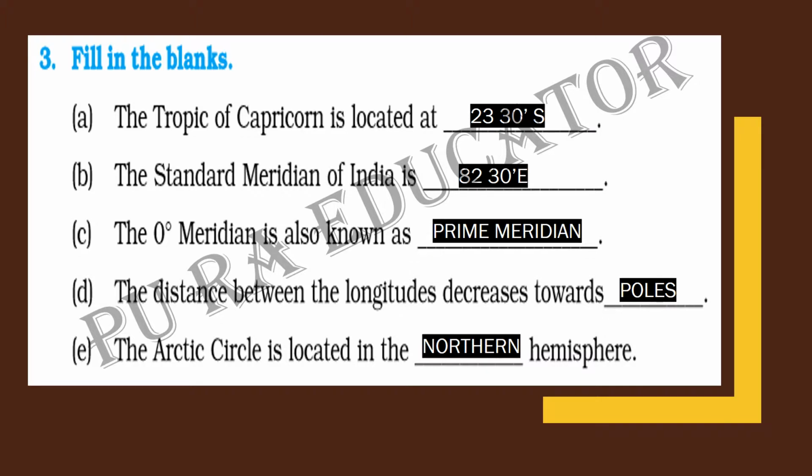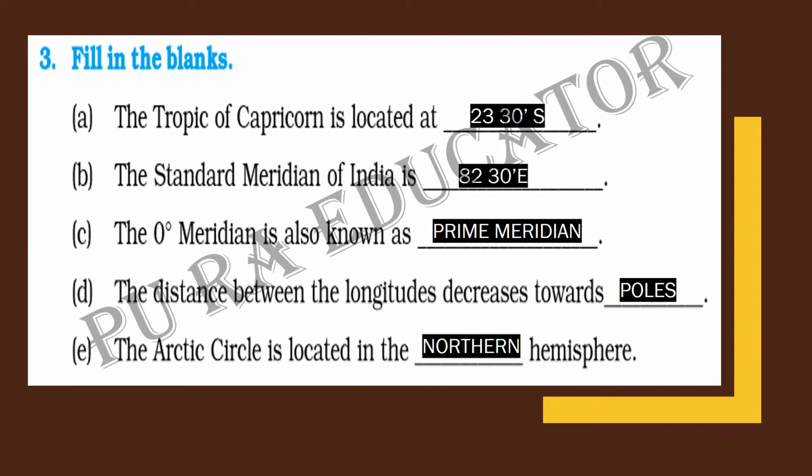The other section of the questions is the fill in the blanks. I have mentioned the answers, but you should try without seeing the answer first, and then refer to the answer. First question is, the Tropic of Capricorn is located at 23.5 degree south latitude.